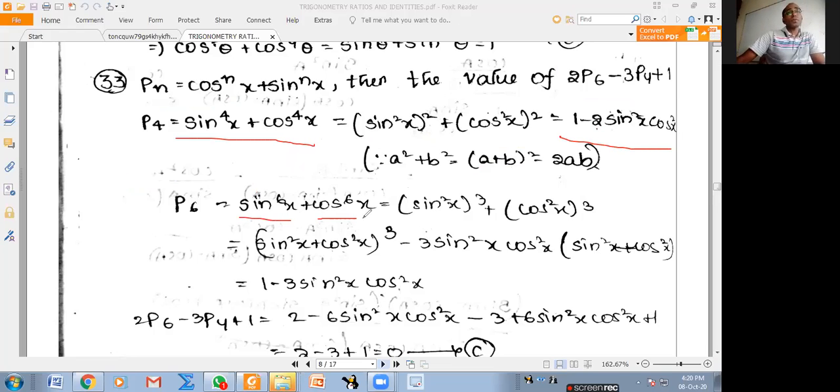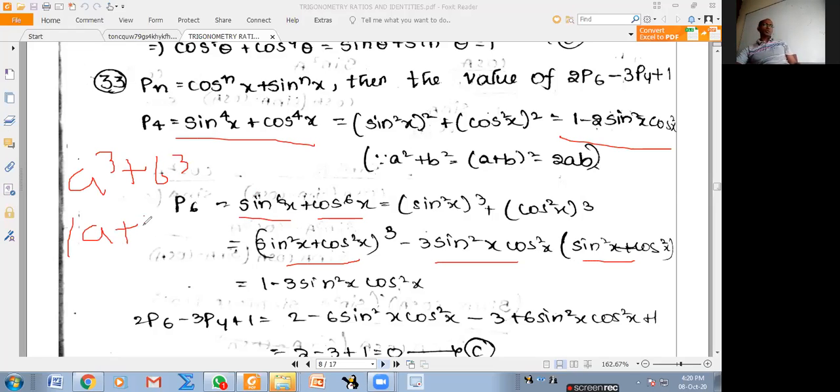Sin power 6 plus cos power 6. Sin power 6 is sin square x whole cube, cos power 6 is cos square x whole cube, in the form of a cube plus b cube. It is a plus b whole cube minus 3ab into a plus b. I think all of you know this formula. a cube plus b cube has 2 formulas. One is a plus b into a square plus b square minus ab. Another formula is a plus b whole cube minus 3ab into a plus b.